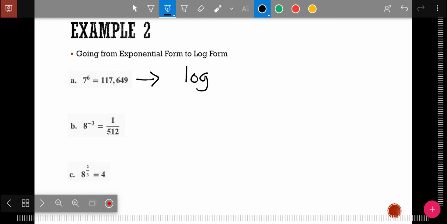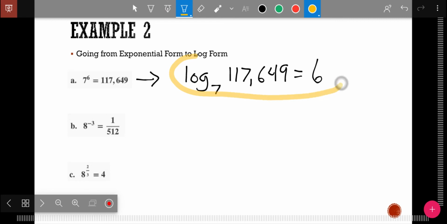Log base, over here was base 7 to the power of 6. So log base 7 of 117,649 is 6. And so that is my answer. I'm done. I just had to switch exponential form to log form.